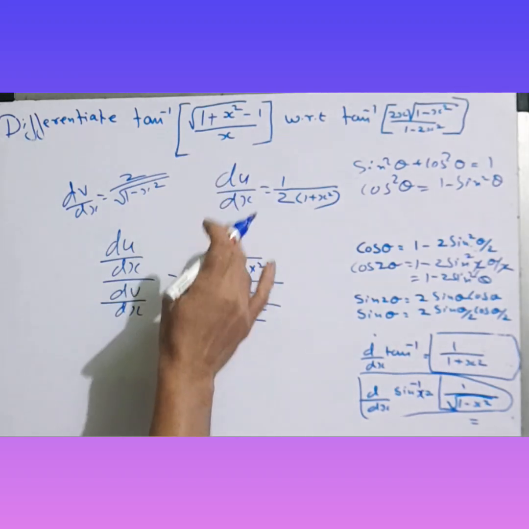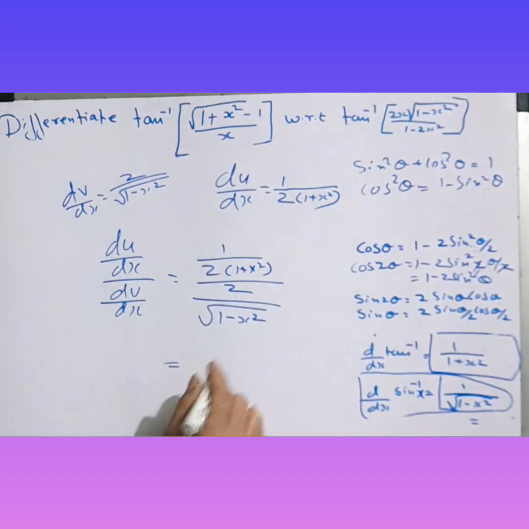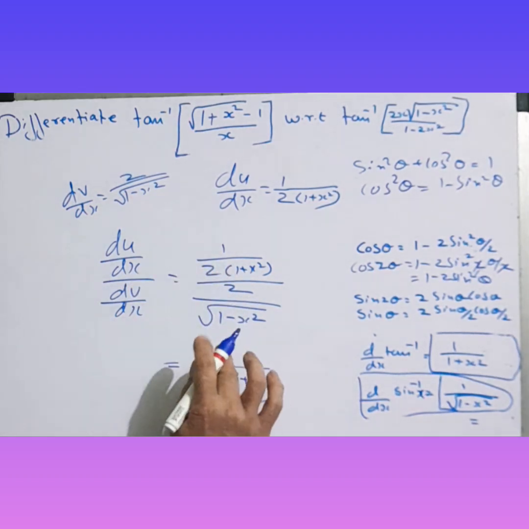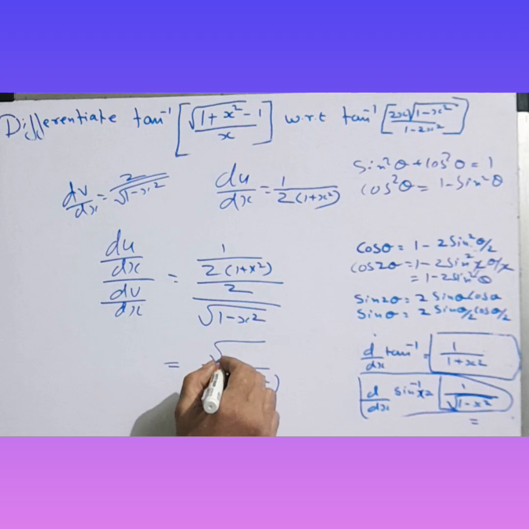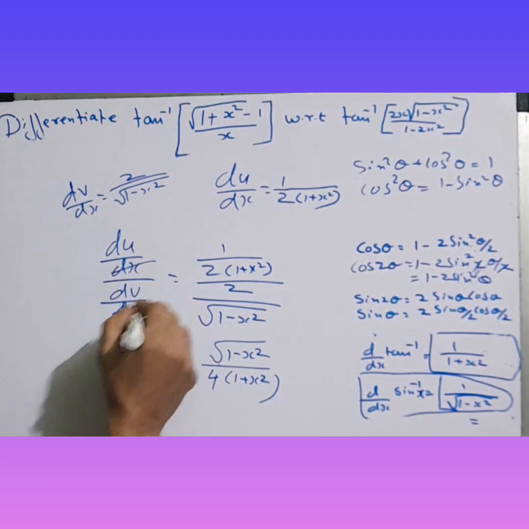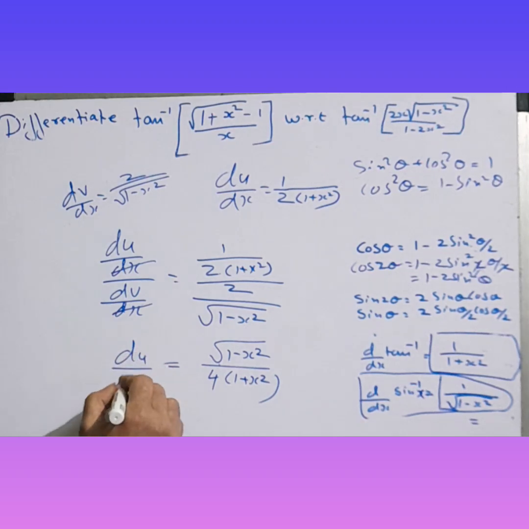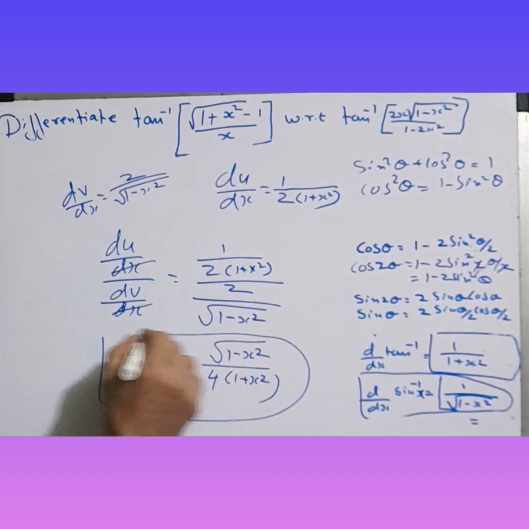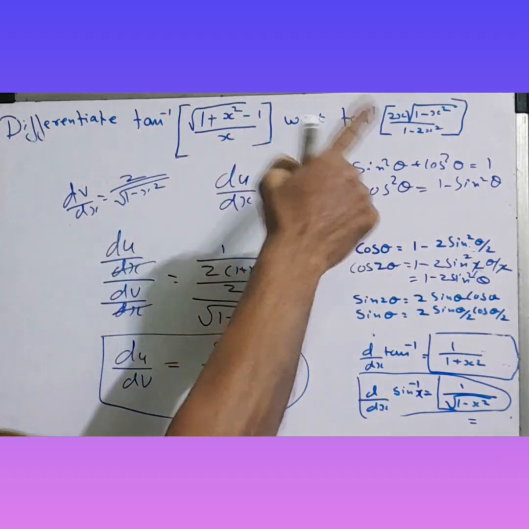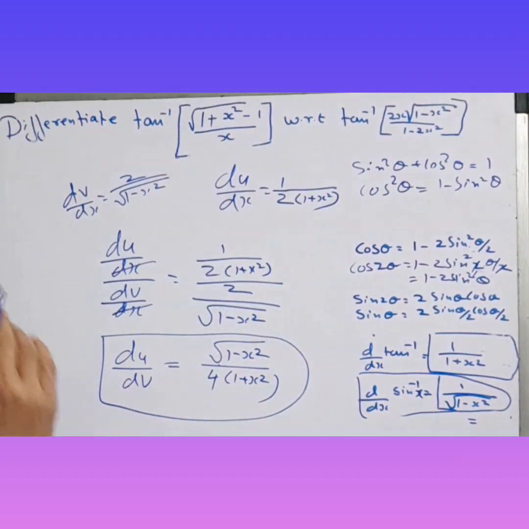This goes up, this comes down. Alright, so it becomes 1 by 4, 2 into 2, 4, and this also comes down, that is 1 plus x square. And this goes up, that is, I write here root of 1 minus x square. So dx cancels, so this becomes du by dv, and this is the differentiation of this with respect to this. Alright, so this is our final answer.